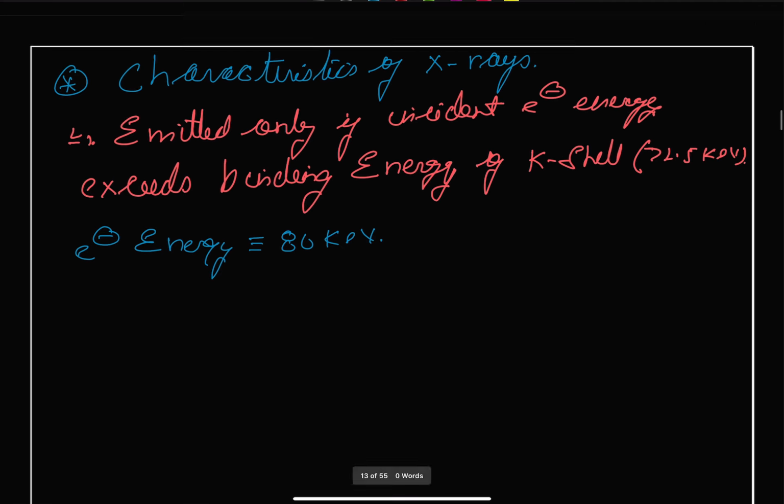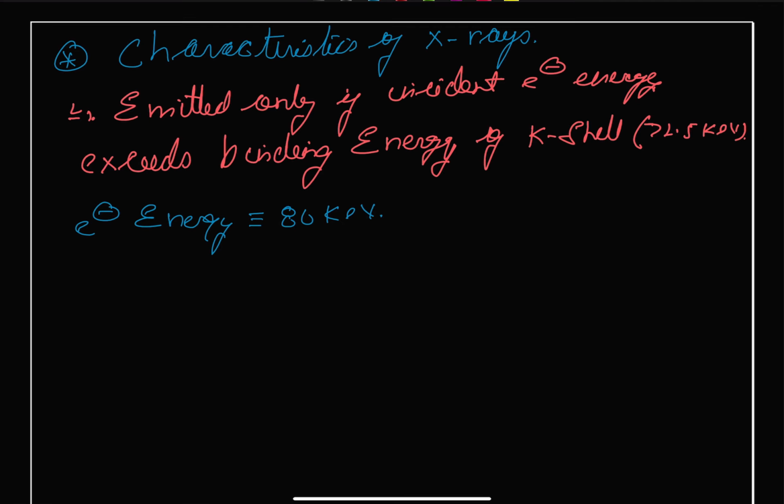So we can draw a conclusion that our electron energy is greater than our binding energy, that is 72.5 kilo electron volt.